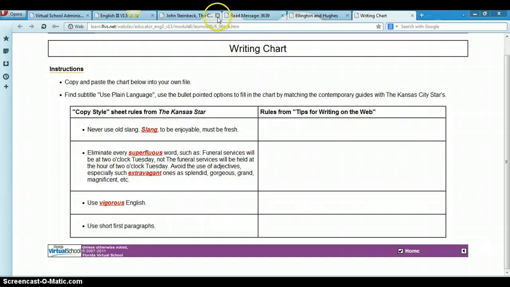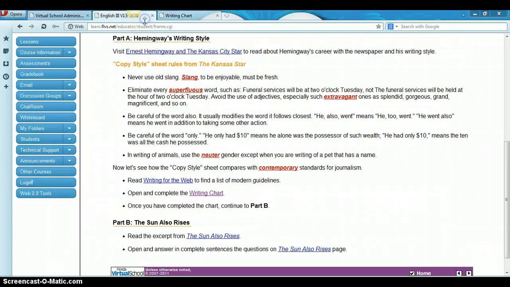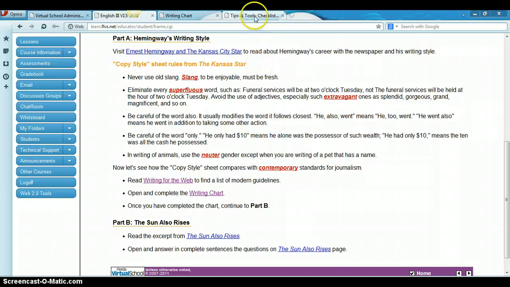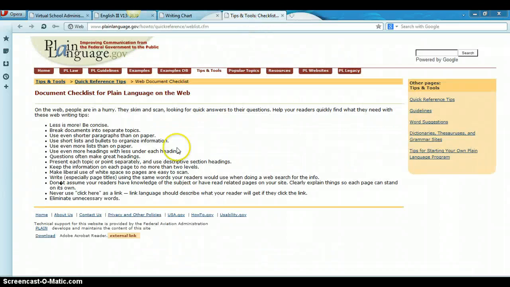Okay, so then what you're going to do is go to the Writing for the Web website. And these are the new rules that are used for writing for the web. So you're going to look at these and look at the old ones and see which ones match.